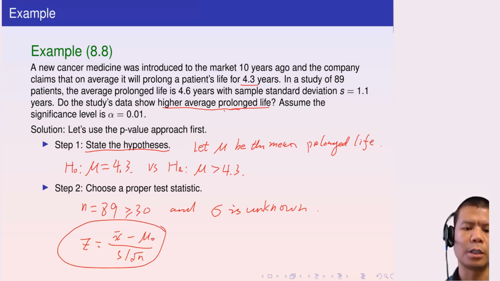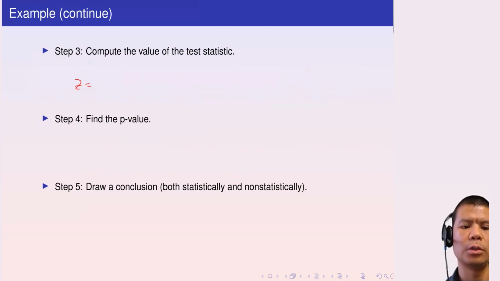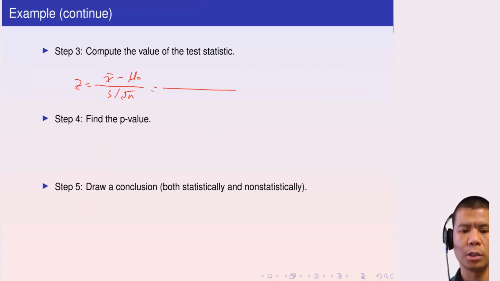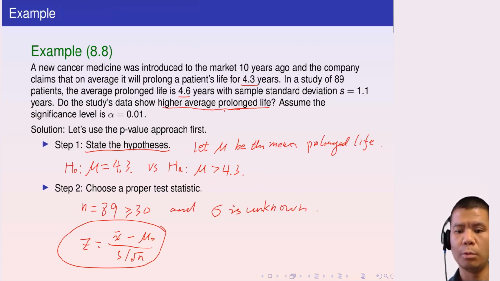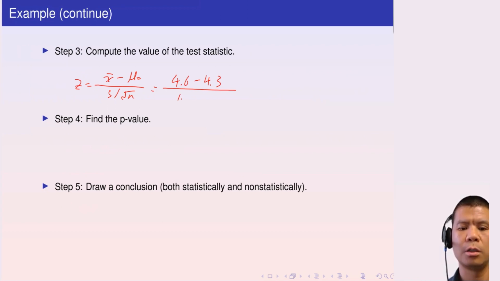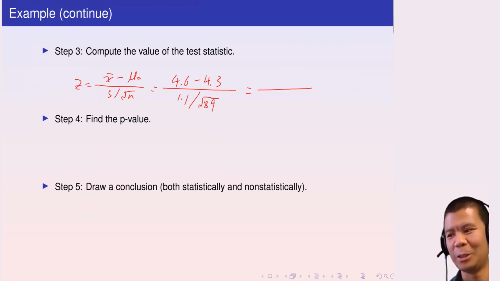So now let's calculate this value. z equals x bar minus mu 0 over s over square root of n. This equals, x bar is 4.6 minus 4.3 over s, which is 1.1, over square root of 89. Now let's calculate. On the top, that's 0.3.